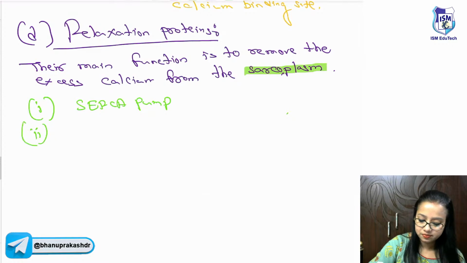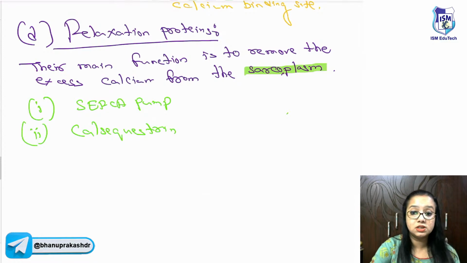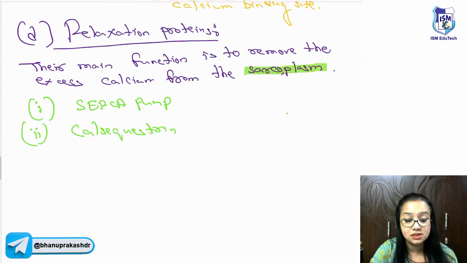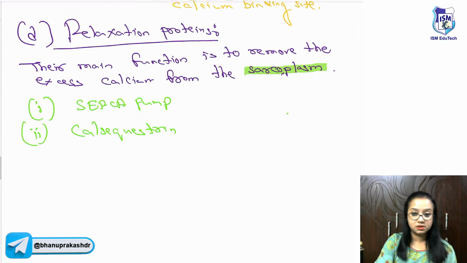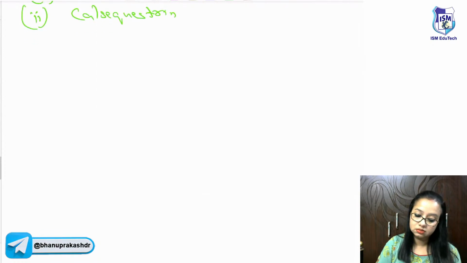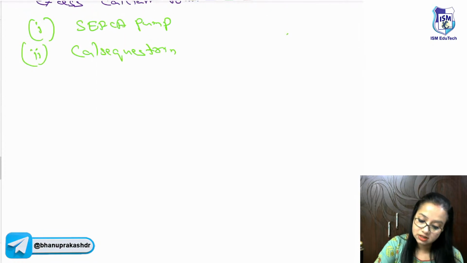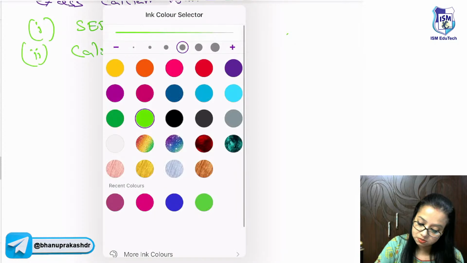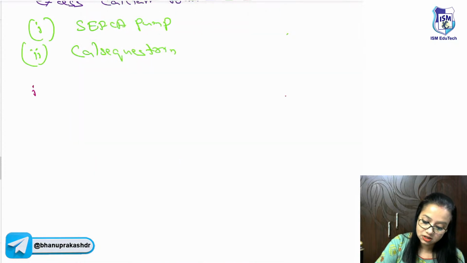Another is the calsequestrin. And remember, all this muscle protein that we are discussing now is in skeletal muscle fiber. Okay. So these are the two proteins. Now, what is the function of these proteins separately, individually?